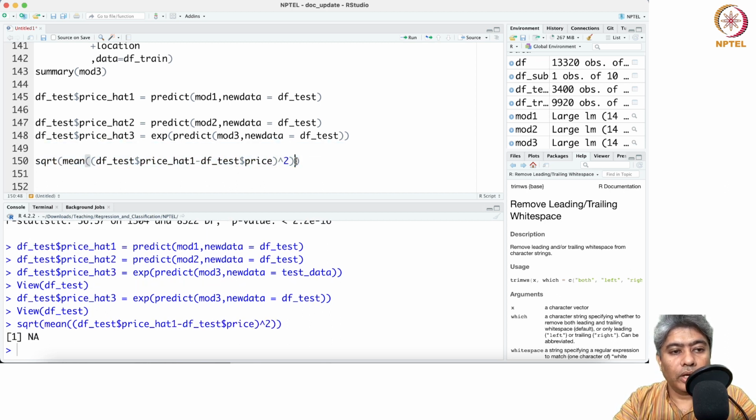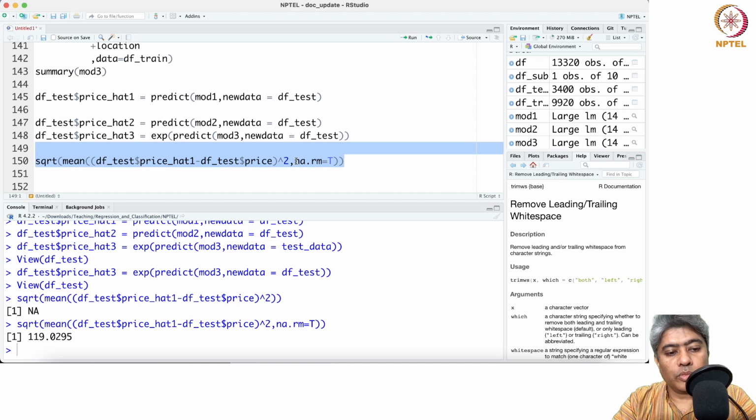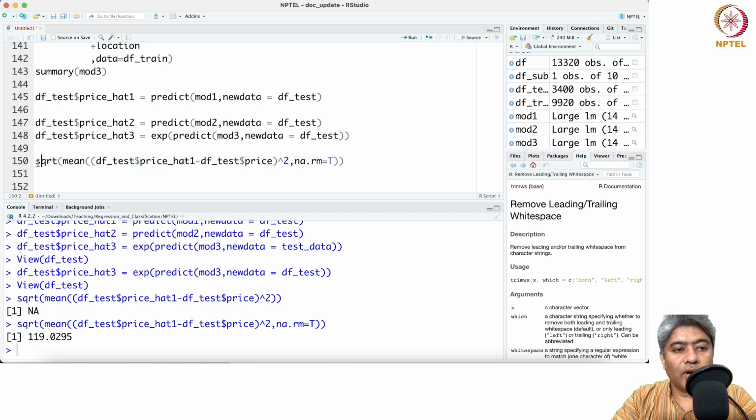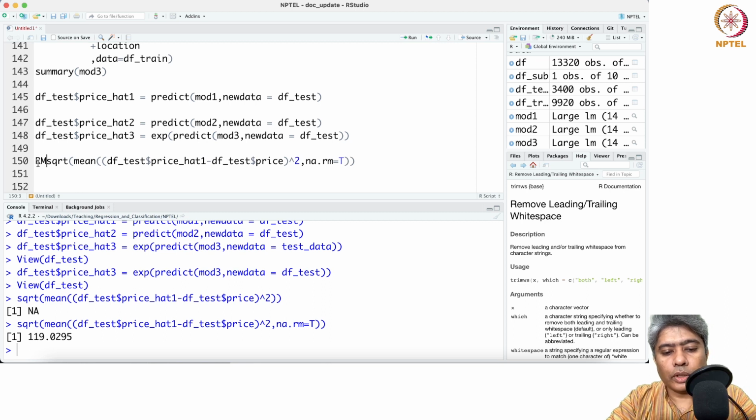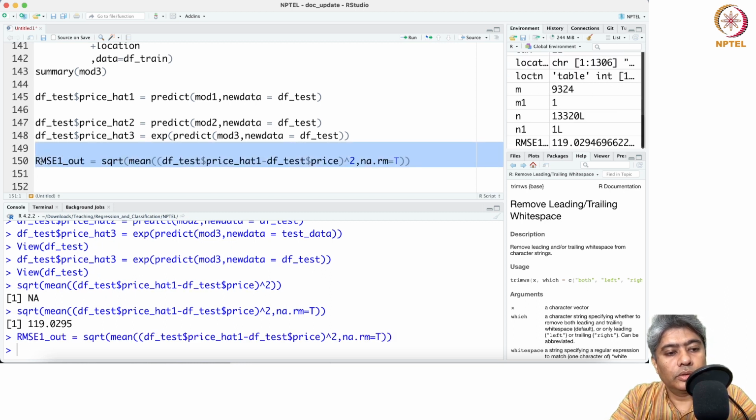So okay, I have to set na.rm equal to TRUE, because some places probably did not have values. So this is my RMSE 1, out of the sample RMSE 1. This is out of sample, remember that.